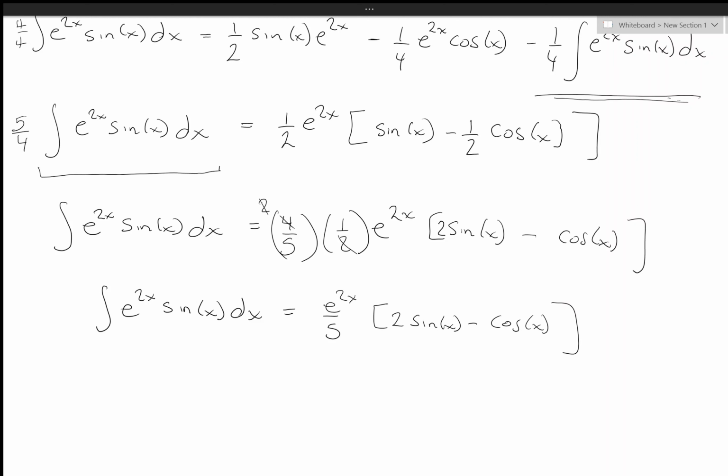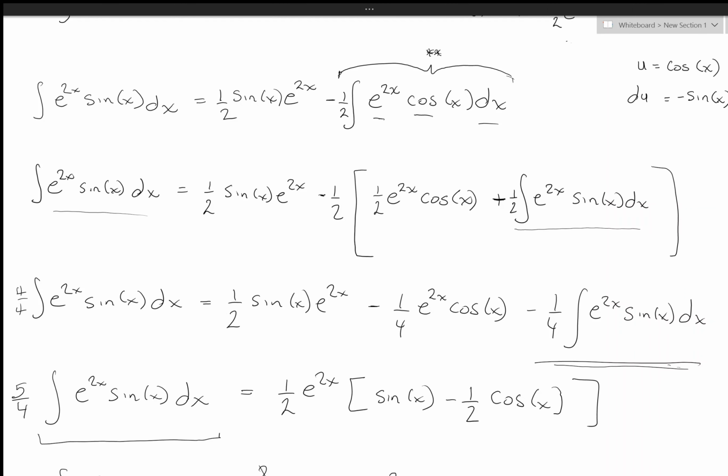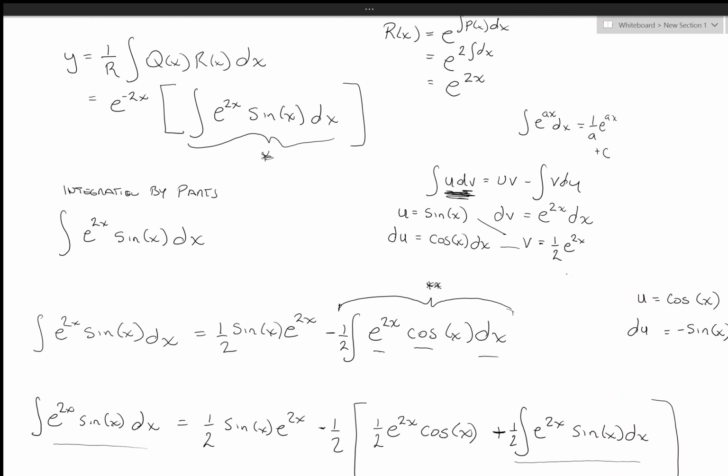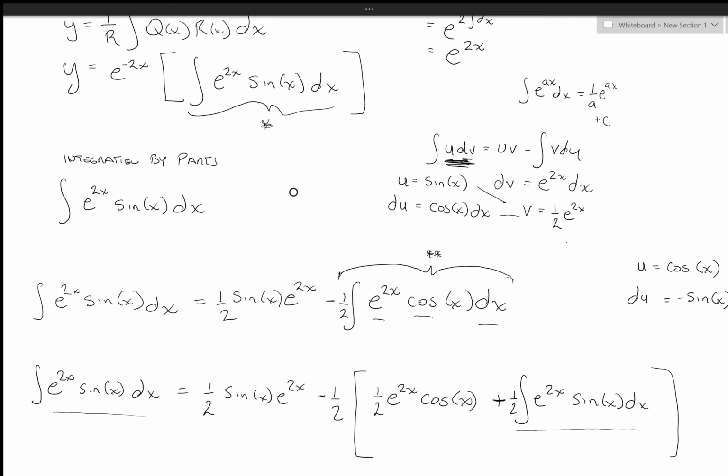We can sub this in where the star is. Let me rewrite it; it's right here. This is y. So now I know y. All I've got to do is take what I just solved and multiply by e to the negative 2x.